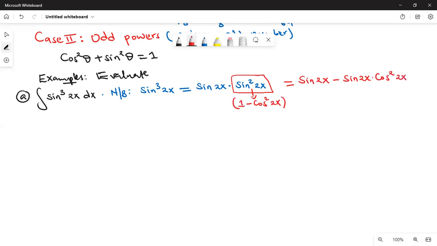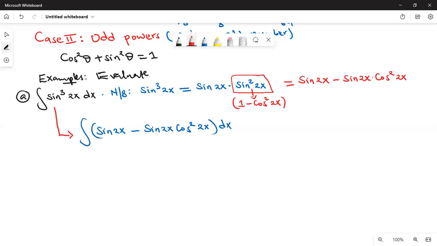So that's what we need to integrate. So our integral will now look like this. It is now the integral of sine 2x minus sine 2x cosine squared of 2x. We are integrating this with respect to x.